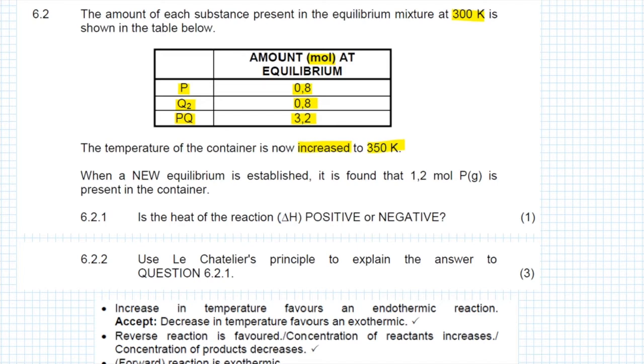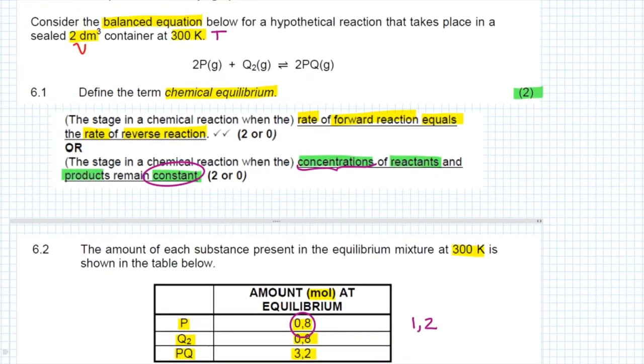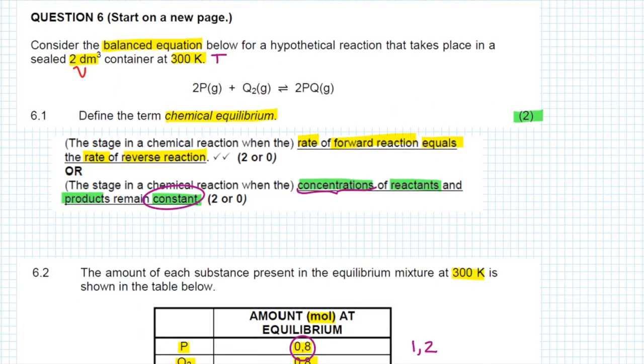When a new equilibrium is established, it is found that 1.2 mole of P is present in the container. So what has happened is that the number of moles of P has increased from 0.8 to 1.2. If we go up to the chemical equation that was provided to us, we can see that this is a reversible reaction and that compound P is one of the reactants.